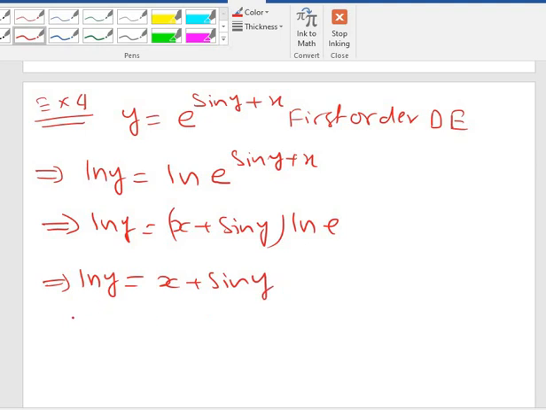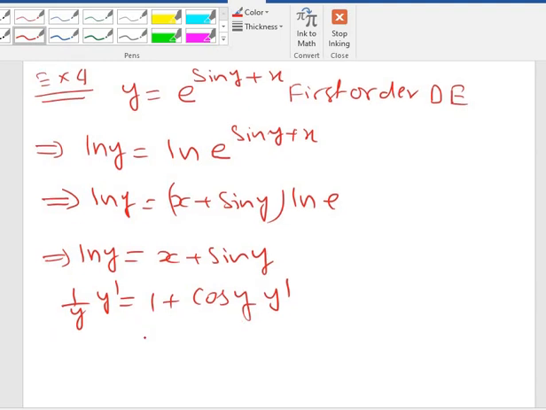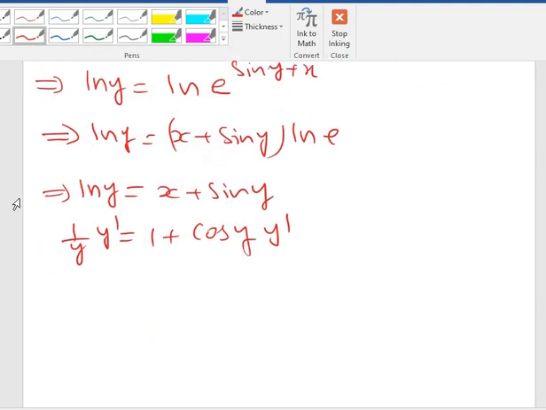Now differentiate it. Derivative of ln of y means 1 divided by y times y dash, and derivative of x is 1 plus derivative of sin y is cos y into y dash. Because I need the first order differential equation, just keep all y dash on one side. So it becomes y dash divided by y minus y dash into cos y equal to 1.